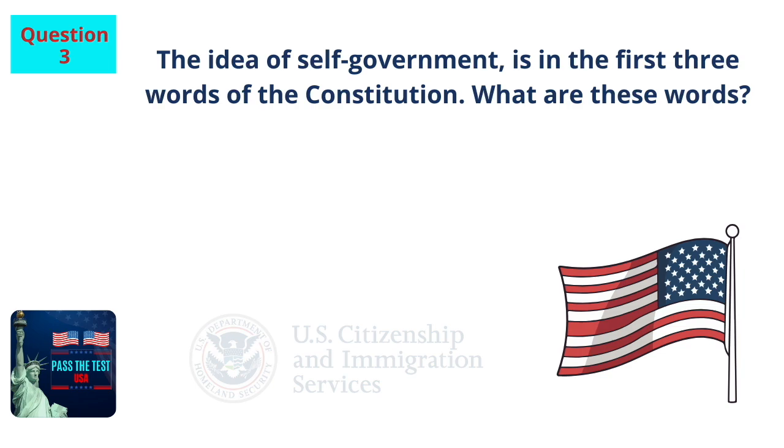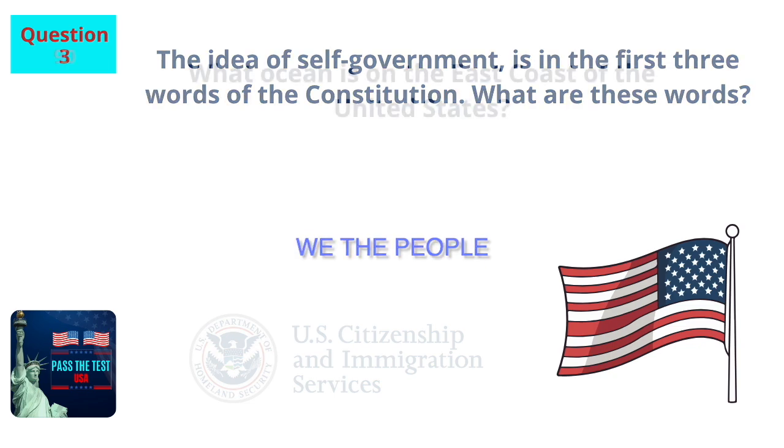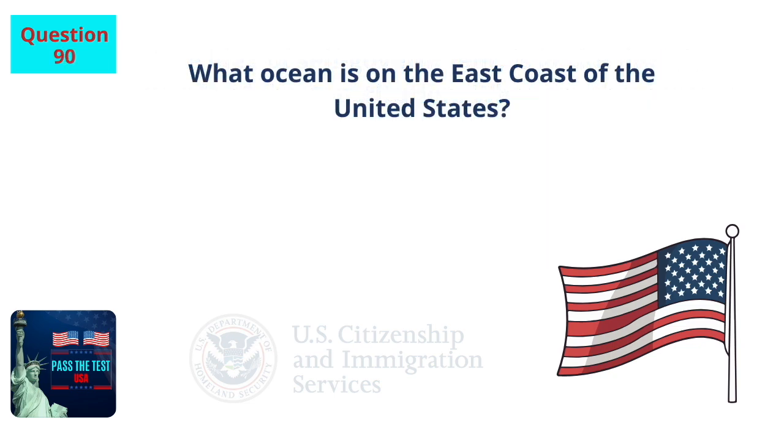What are these words? We the people. What ocean is on the east coast of the United States? Atlantic Ocean.